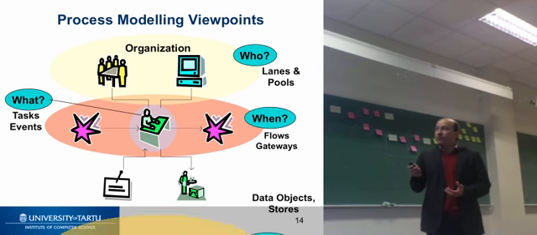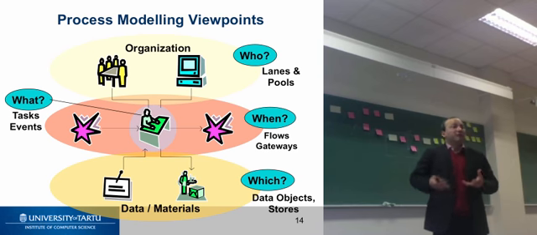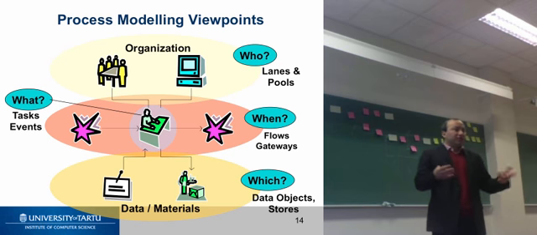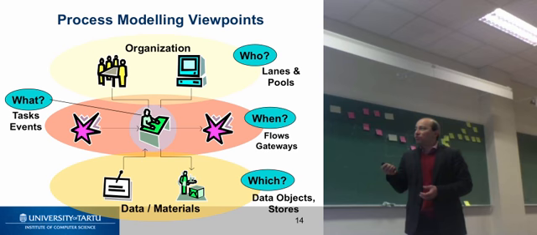And we also have to capture what I would call the which perspective, which is like which data or which materials, because processes sometimes involve materials, be it paper documents or even goods or raw materials, etc. So which data, which materials a process is using, we are going to represent in BPMN using something called data objects and data stores.